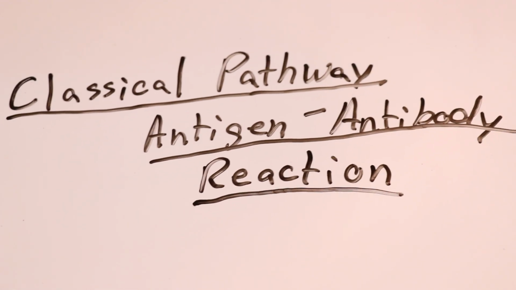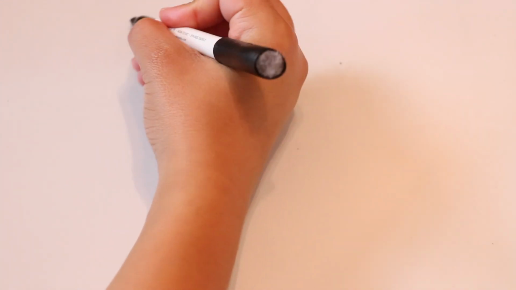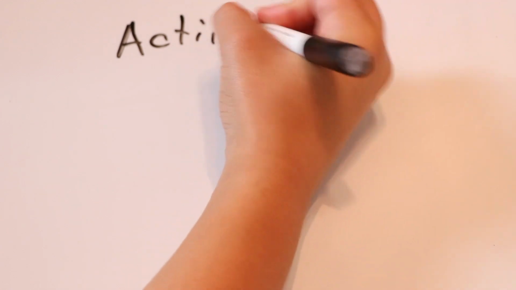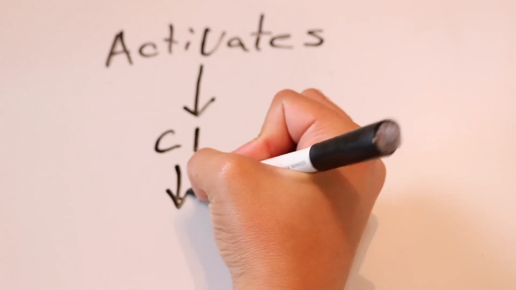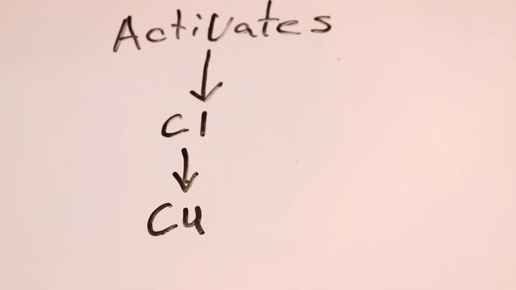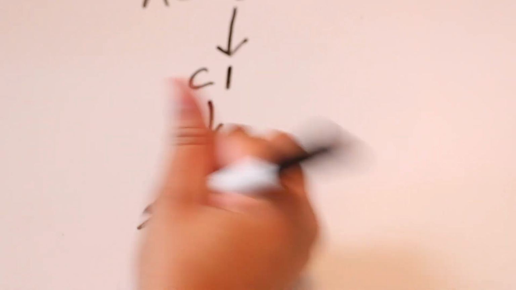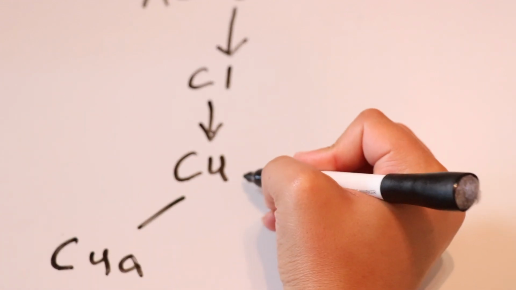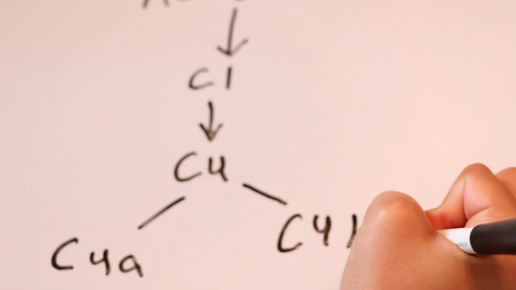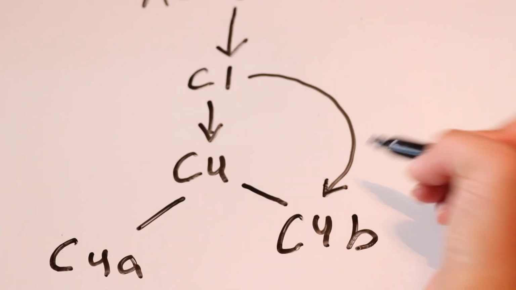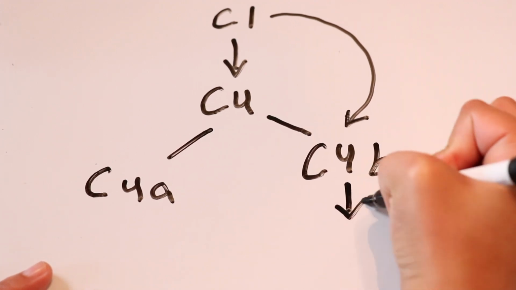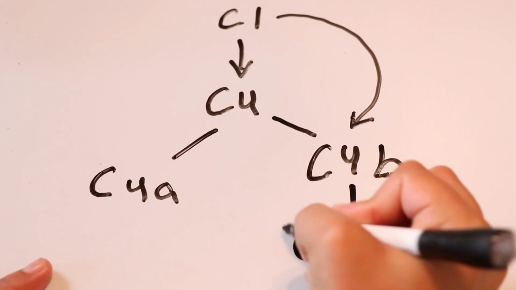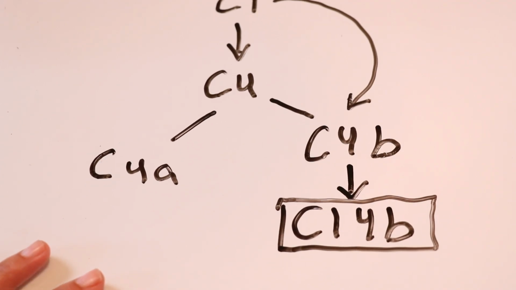C4 breaks up into C4A and C4B, and C1 is going to combine with the C4B, forming C1-4B. There's also going to be C2, and from C2 there's going to be C2B, combining with C1-4B-2A.